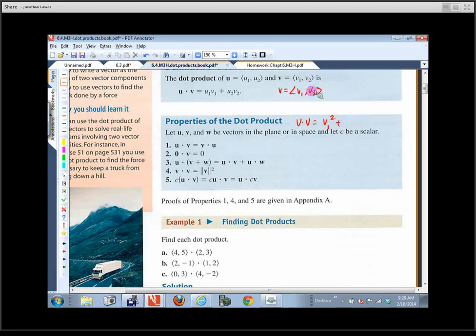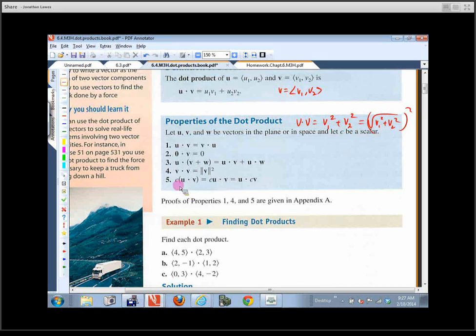And then v2 times v2, or v2 squared. And that is the same as how we found the magnitude, and then square that. That's all it is. So if you dot a vector with itself, you end up with the magnitude squared. Okay, and that's going to come up again.